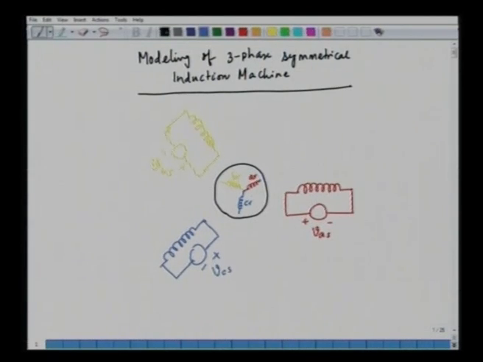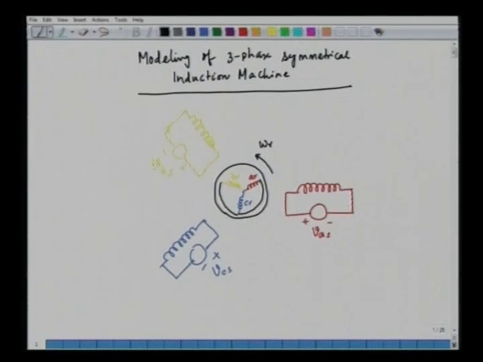And the rotor is rotating in the anti-clockwise direction at a speed of omega r. We can assume that the phase sequence is ABC and there is a revolving field from A to B to C. The rotor tries to rotate in the same direction as that of the revolving field. So, it is rotating in the anti-clockwise direction as shown in this particular figure, and the rotor is short circuited. So, we can show that these 3 windings are shorted.